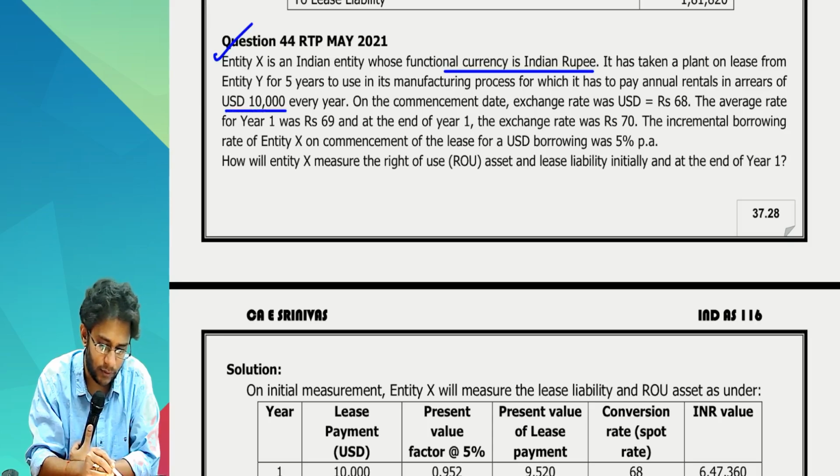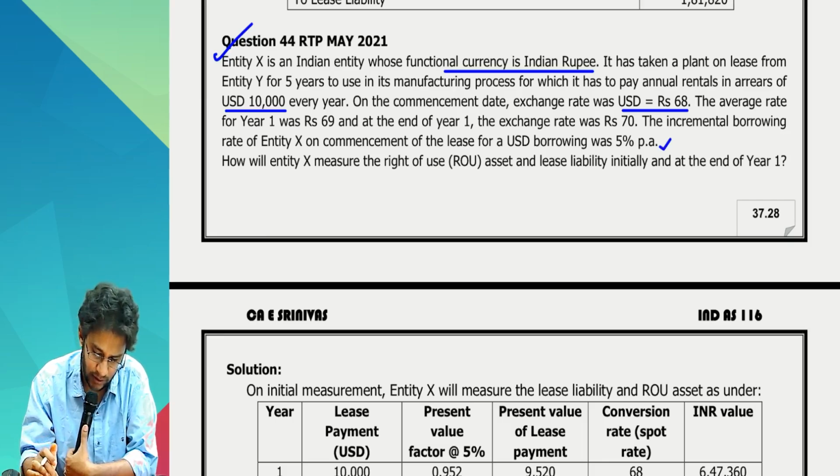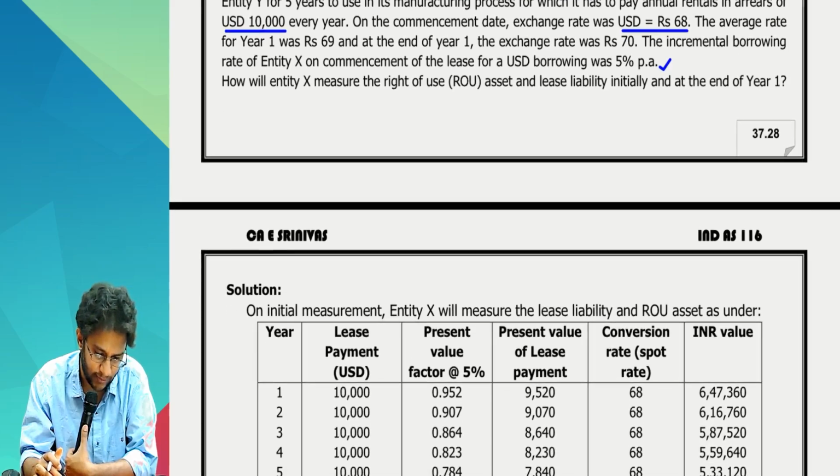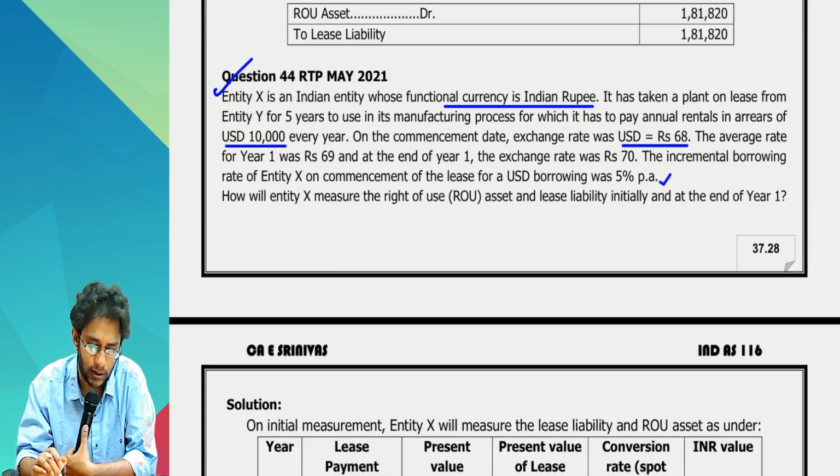Rents are payable in US dollars. On the commencement date, the exchange rate was 68 rupees. The average rate for the first year was 69, and at the end of the year the exchange rate was 70. The incremental borrowing rate of entity X on commencement of the lease for a US dollar borrowing was 5% per annum. How will entity X measure the ROU asset and lease liability initially and also at the end of the year?